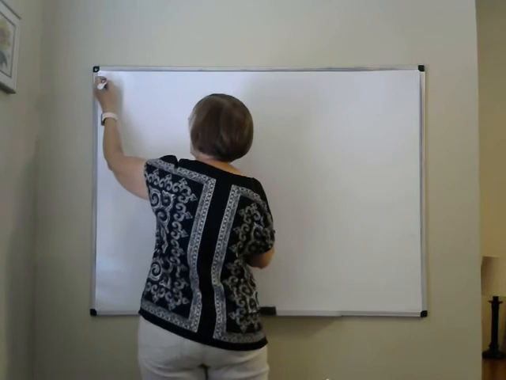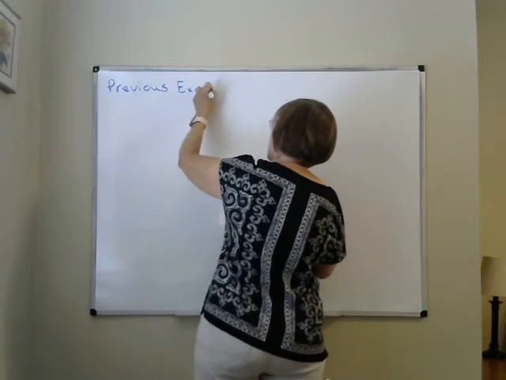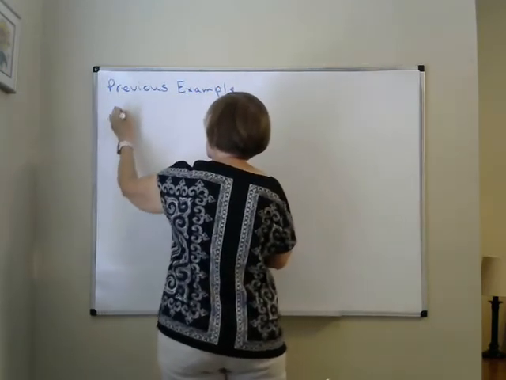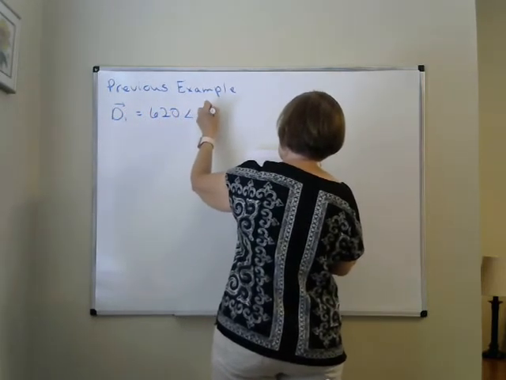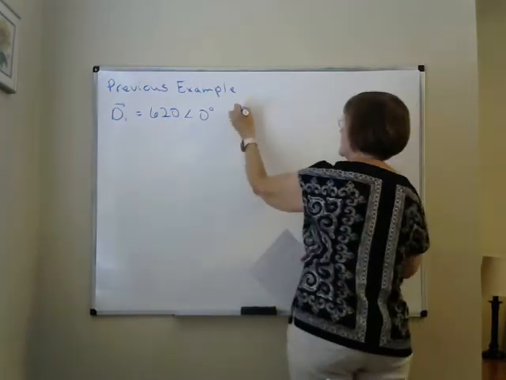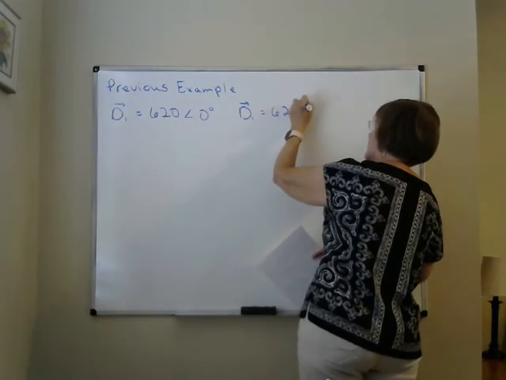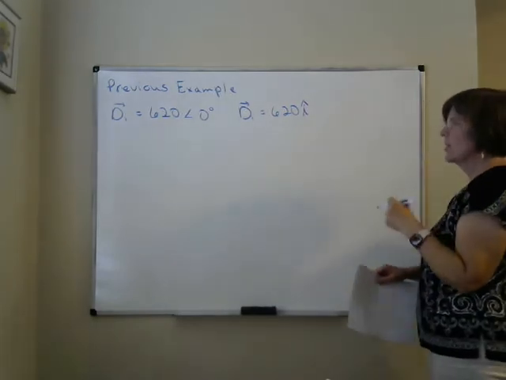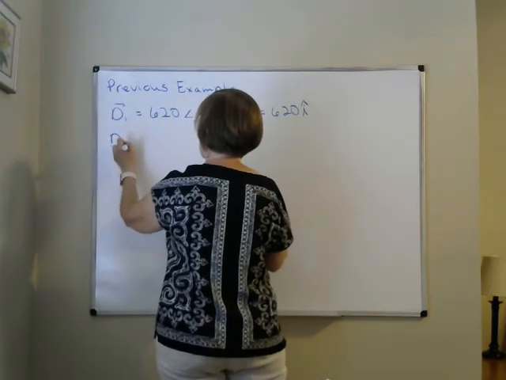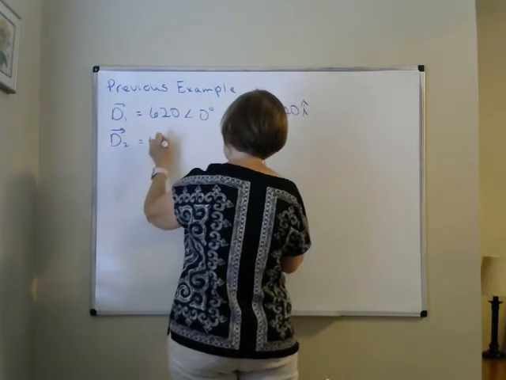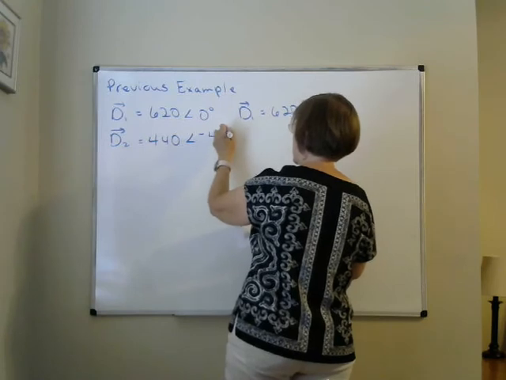If we look back to our previous example, the first leg of our journey was 620 at an angle of 0 degrees. That can be written as 620 I, because 0 degrees is along the positive x-axis. When we did the second one, D2, it was 440, but it was at an angle of negative 45 degrees.